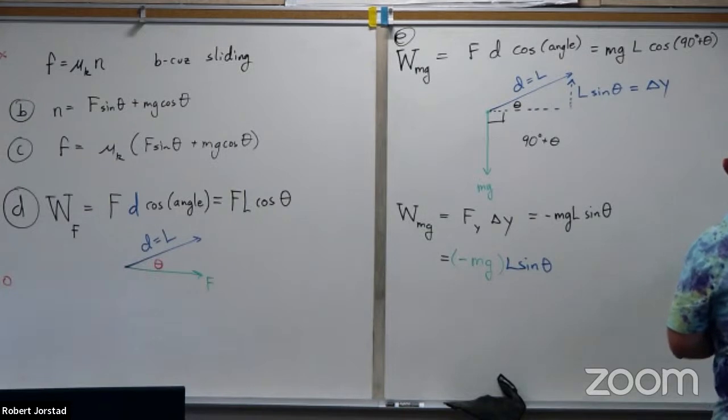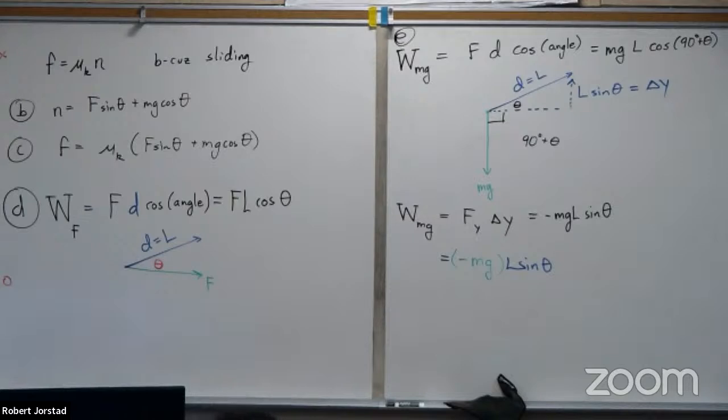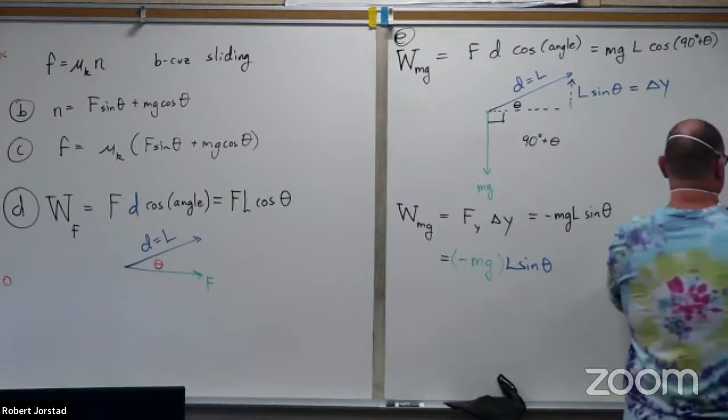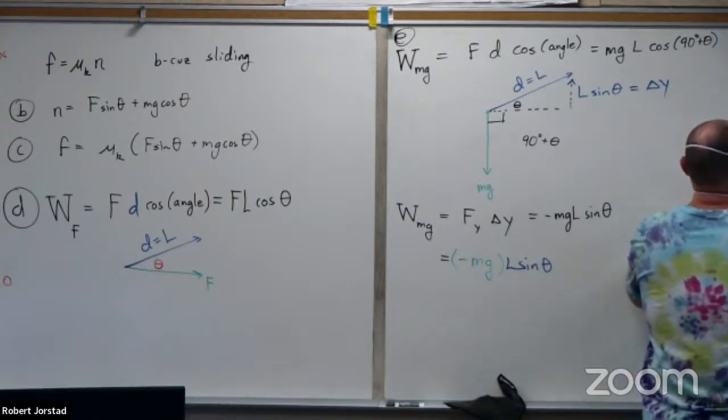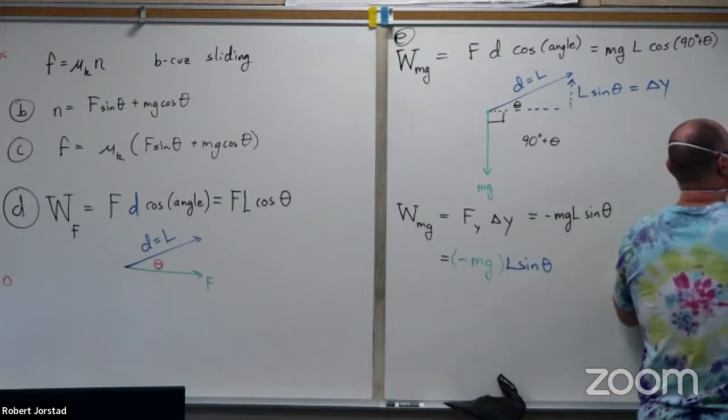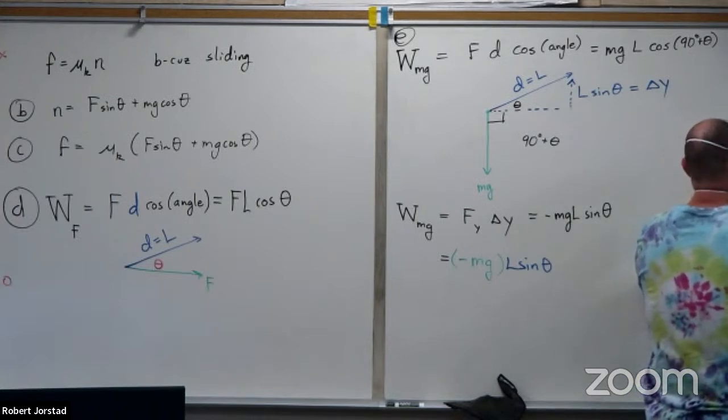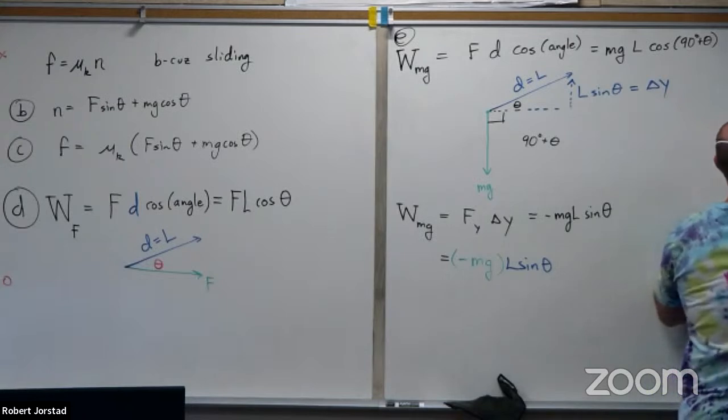F D cosine of some angle. Okay. What's the next thing that I've done every single time? Draw the picture. Which way is friction? Show me with your hand. And which way is the displacement? Other way? Okay, got it. What's the angle between? 180.